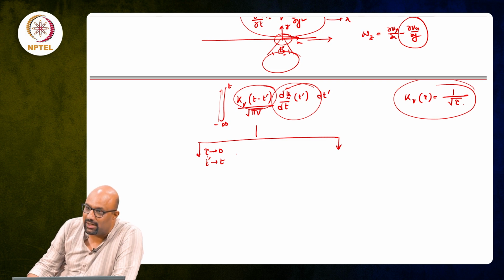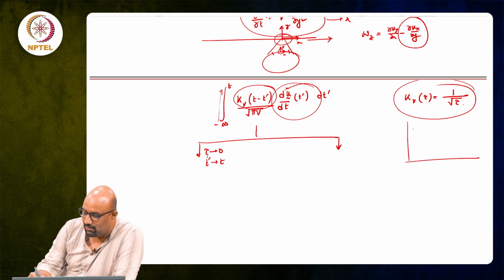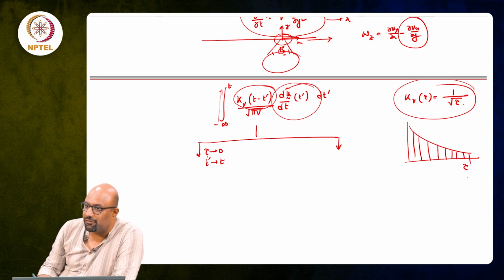Whenever you do an integral of a function, think of it numerically. Imagine a trapezoidal kind of a rule. This is a function of tau and you are breaking this into a lot of rectangles and you sum this over, the simplest way to do a numerical integration. Now, if the function were to actually start blowing up, then it becomes worrying, right, because how do you add these rectangles?